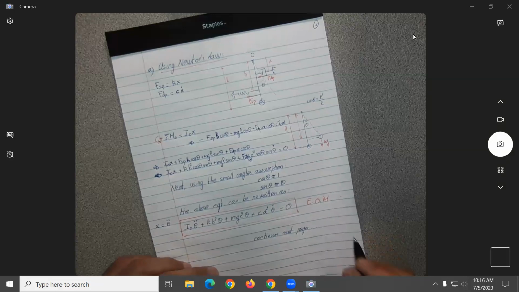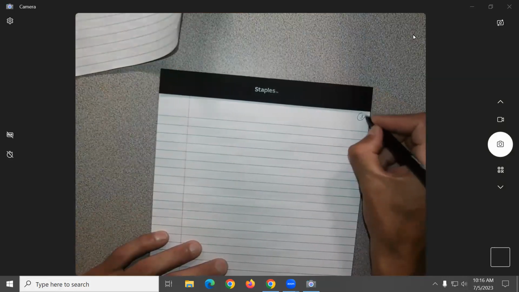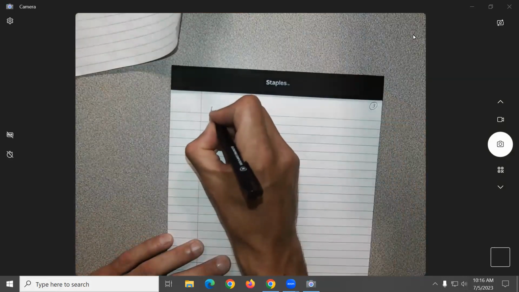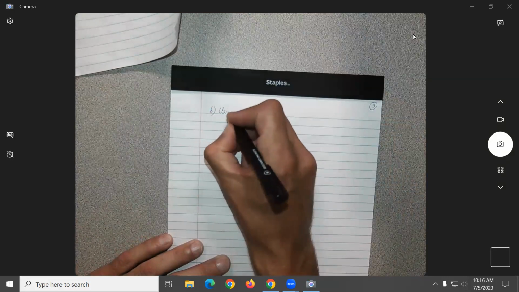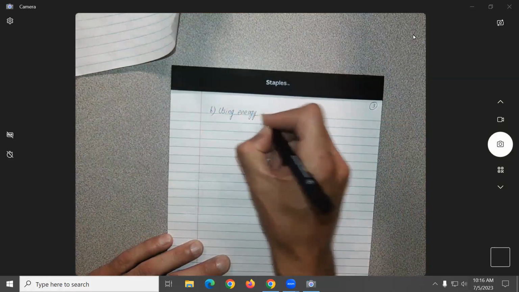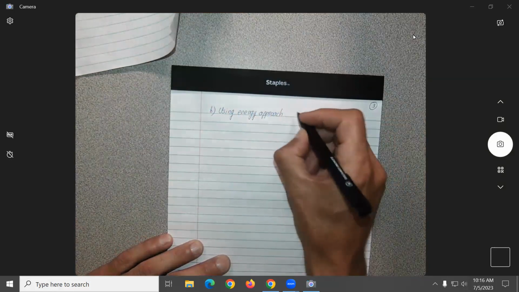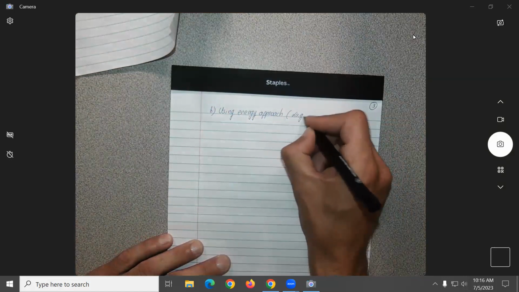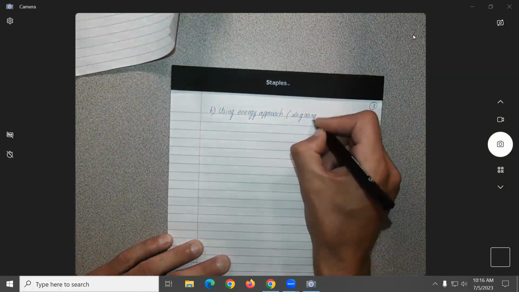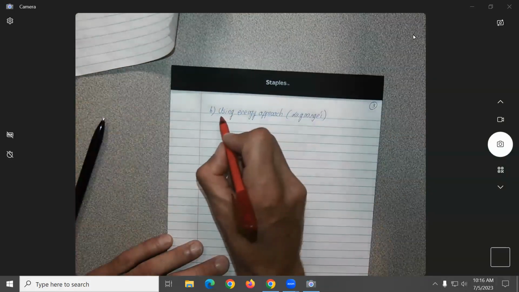All right. Page 3, so B will be using energy approach, which basically is the one we call the Lagrange.